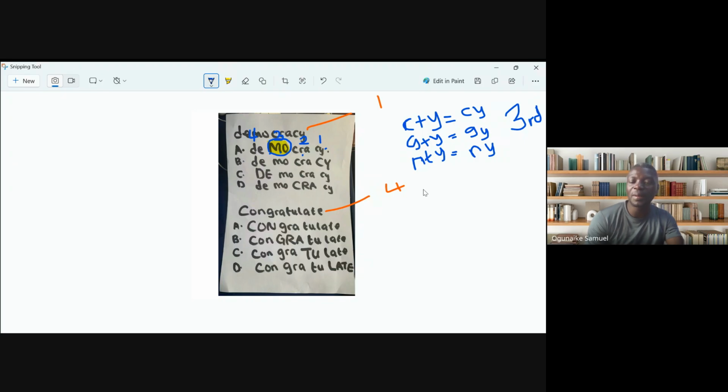So if you now go through your dictionary, your dictionary is going to do something like this: democracy, then you're going to find a speech mark here.